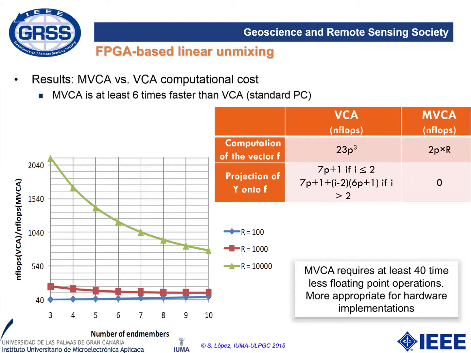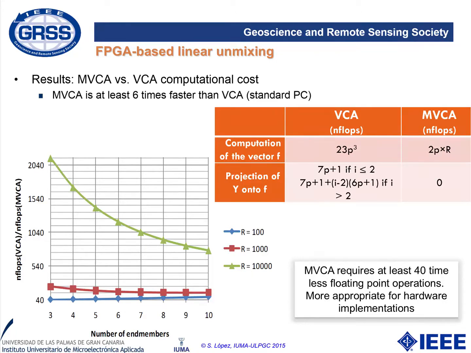And this is well summarized here in this graph. As you can see here, we have represented the ratio between the number of floating point operations that the BCA requires and the number of floating point operations that the MBCA requires, with respect to the number of members to be extracted, and also for different images with different number of pixels, being R the number of pixels.